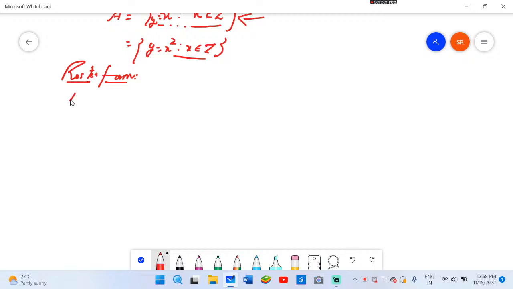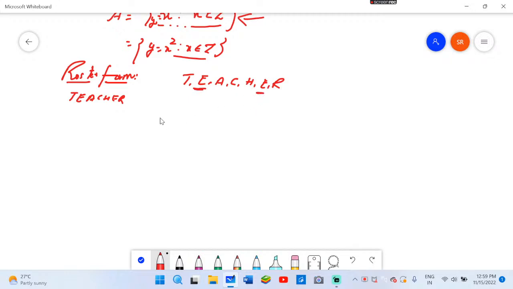The first is the set of all letters in the word teacher. The letters used are T, E, A, C, H, E, R. So here E is used two times.